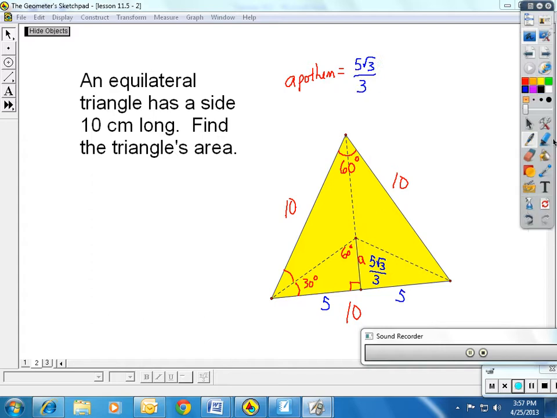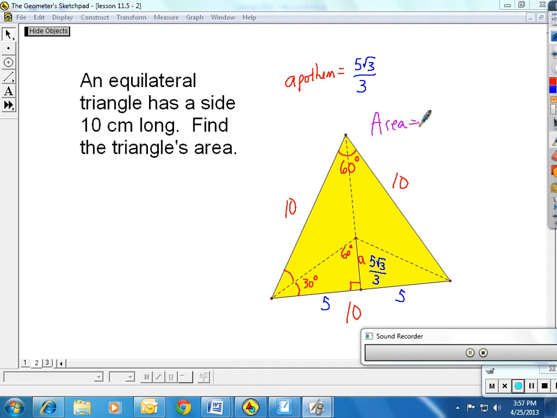And so now I can find my area. Area equals 1/2 the apothem times the perimeter, which is 1/2 times 5 root 3 over 3 times the perimeter of 30. 10 plus 10 plus 10. And now we can clean that up. Half of 30 is 15, so this is the same thing as 15 times 5 root 3 over 3. And 3 goes into 15 5 times, so that's 5 times 5 root 3.